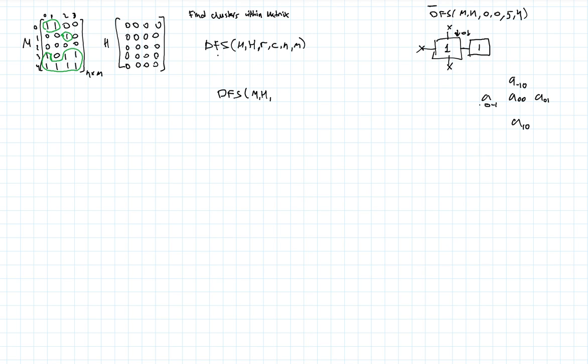And also when I am entering each function, since I am already visiting my function, I need to set my hash matrix to 1. So that means I'm visiting this already, right?